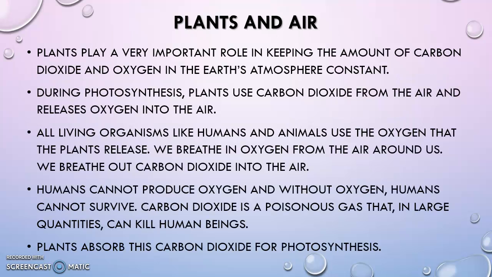Now, shifting our focus not far from what we've been looking at, I want us to look at the interaction of plants and the atmosphere, or should I say plants and air. Plants play a very important role in keeping the amount of carbon dioxide and oxygen in the Earth's atmosphere constant. During photosynthesis, plants use carbon dioxide from the air and release oxygen into the air.